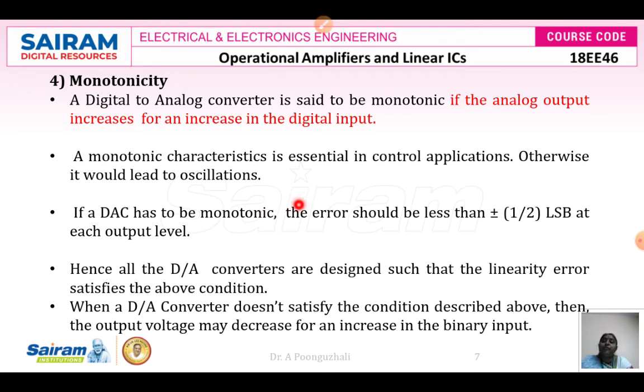If we say that the DAC is to be monotonic, then the error should be less than plus or minus half LSB at each output level. Hence all the D2A converters are designed such that the linearity error satisfies the above condition. When a D2A converter does not satisfy the condition described above, then the output voltage may decrease for an increase in the binary input.